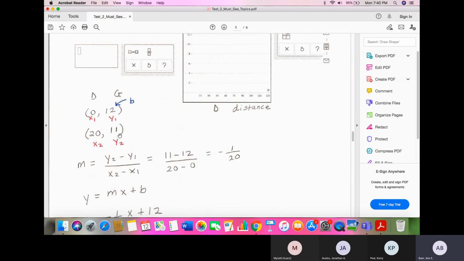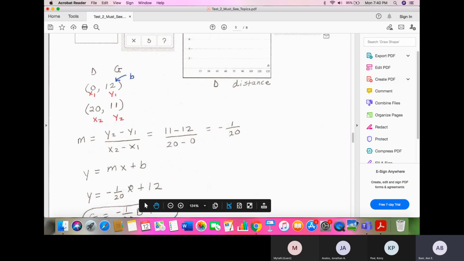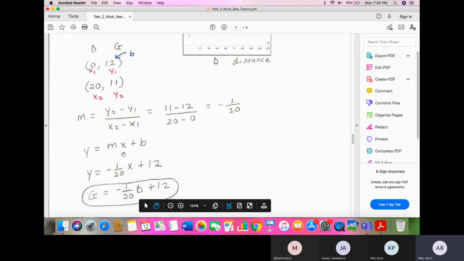So we don't have to plug in very much. We can use y equals mx plus b form here to write the equation of our line. All we're going to do is plug in our slope, which is negative 1/20th, for m, to get negative 1/20th times x plus our b, which is 12.